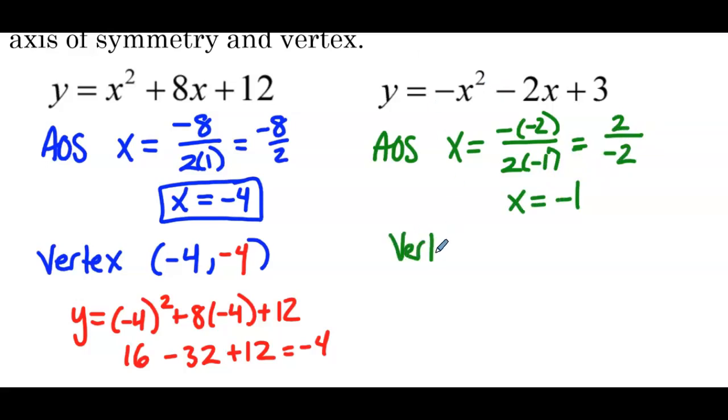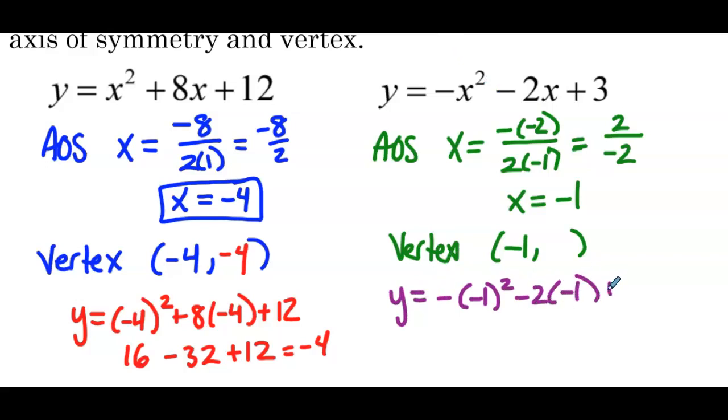And then the vertex is the point with the x value of negative 1. So y equals the negation of negative 1 squared minus 2 times negative 1 plus 3. So y equals negative 1 squared is positive 1. And then we have minus 1 plus 2 plus 3. So that's 4.